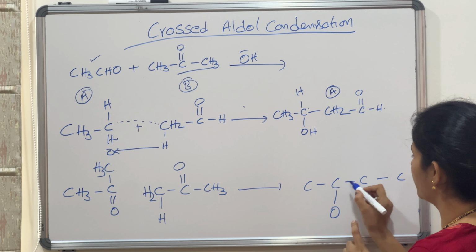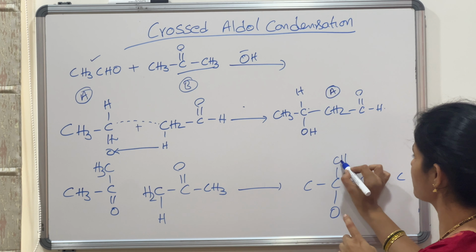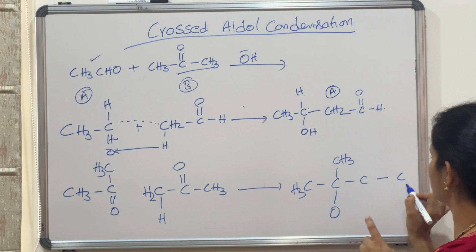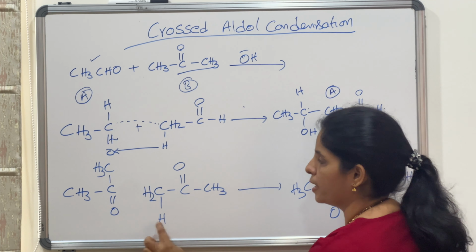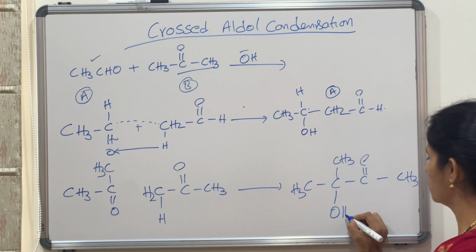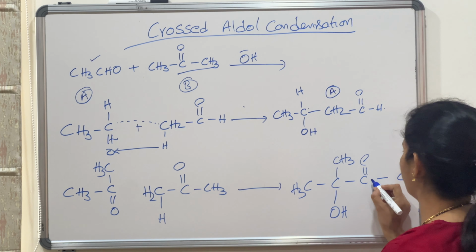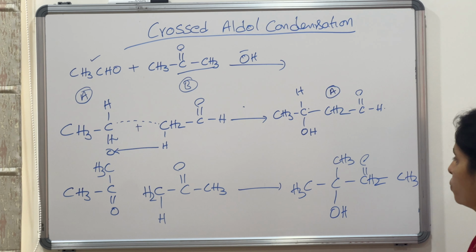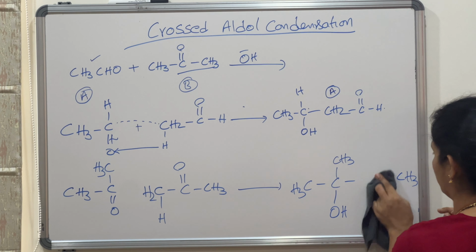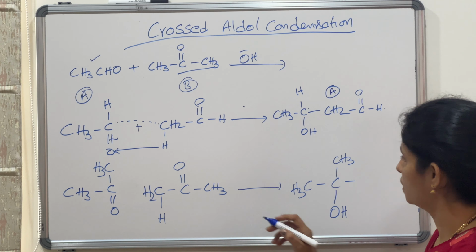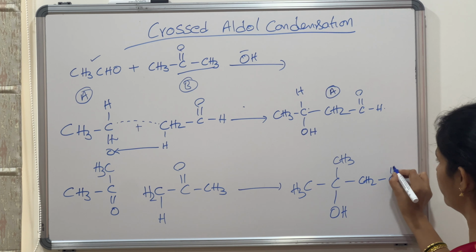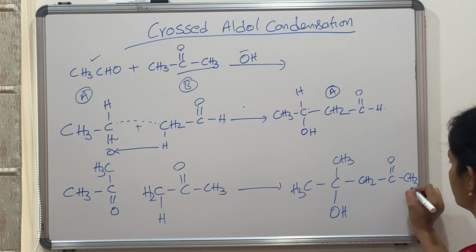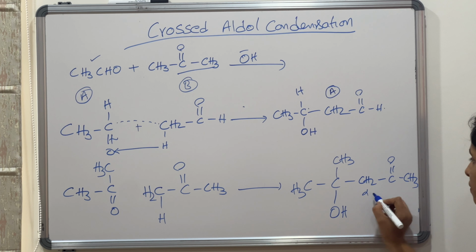And third step, CH3 as it is, you write these hydrogens as it is, C double bond O. And the third step, transfer this hydrogen to this side, and here you will be left with CH2, C double bond O, CH3.